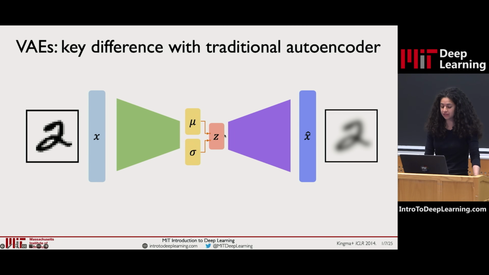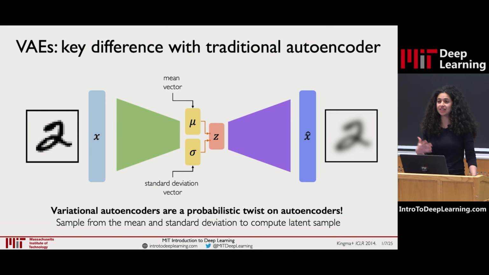Instead of learning the latent variables directly, if we parameterize each of these latent variables as a probability distribution defined by a mean mu and a standard deviation sigma, we can now learn these vectors of means and standard deviations separately, such that we get a distribution over each of the latent variables in our latent space. What this means is that it's simply a probabilistic twist on this concept of autoencoding.